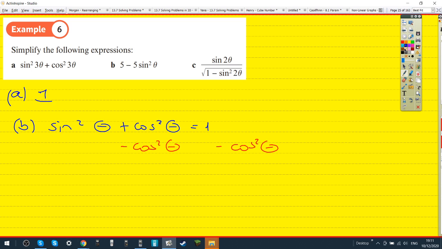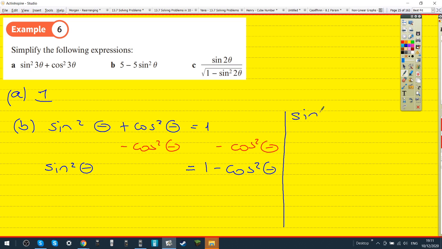You already have something else on the right side. You have 1. And so, what's on the right side now? 1 minus cos squared theta. Well done.